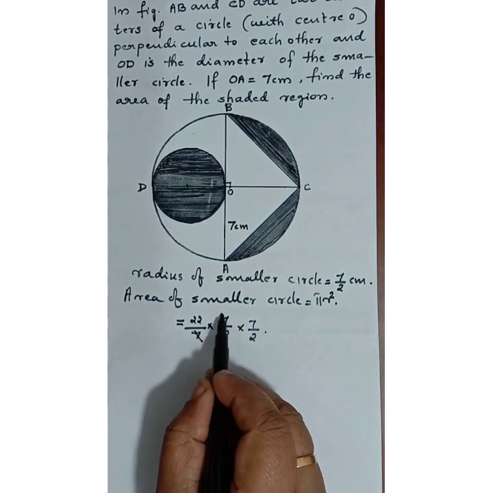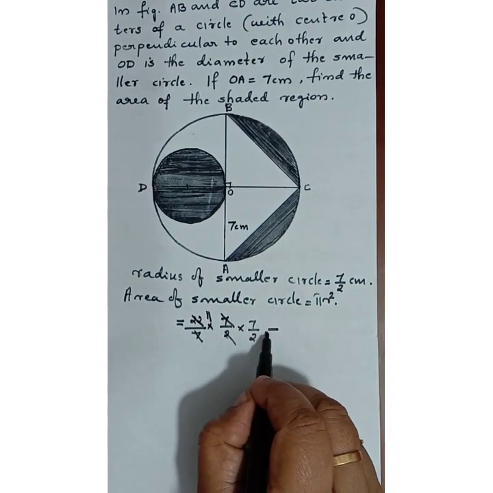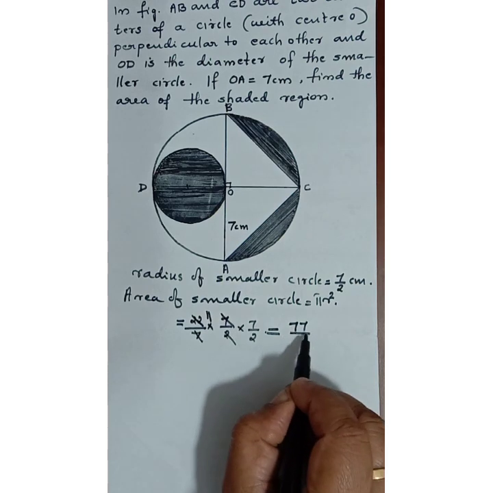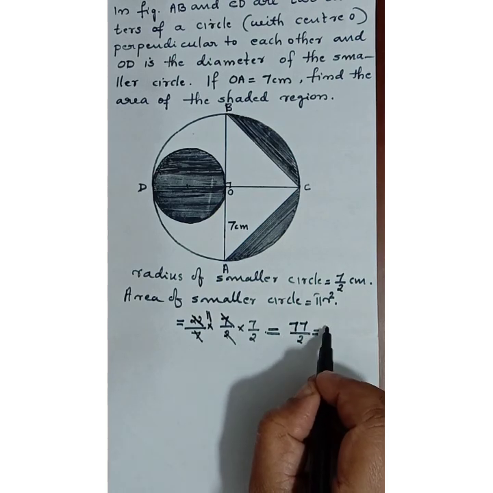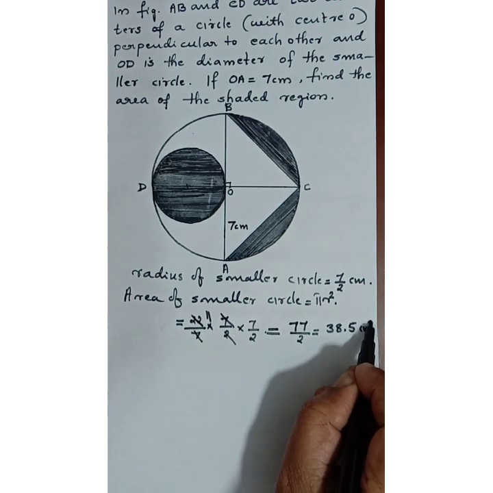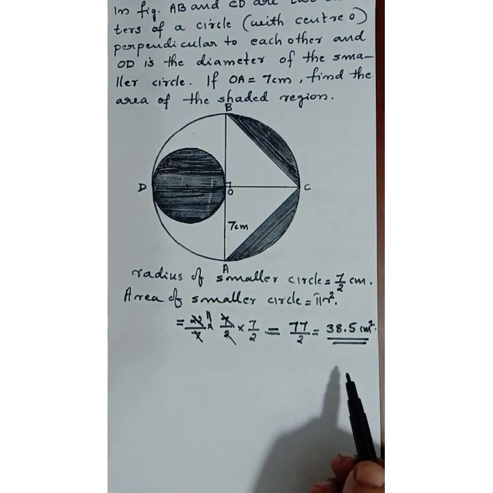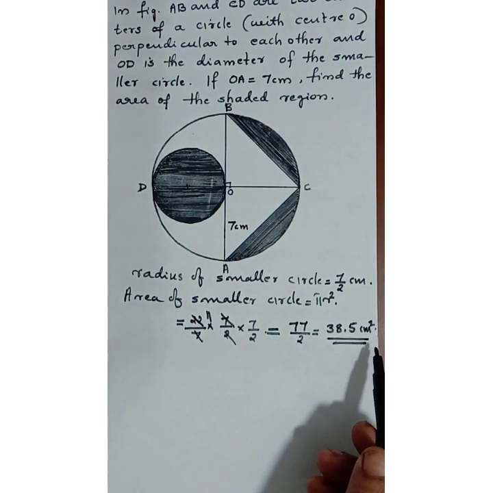Cancelling is easy here, so you will get 11, so 77 by 2. Isn't it 38.5 cm square? So now we got the area of the smaller circle. It is 38.5 cm square.